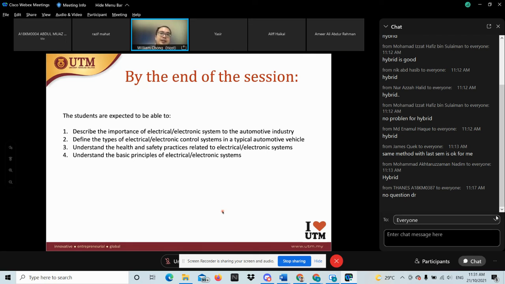hazards, for example things like burns if you are not careful enough. And if you use AC, alternating current, then you have to be very careful because you might electrocute yourself. Then we'll be covering some basic principles related to how we can analyze electrical electronic systems. This is where you look into voltage, current, resistance, power.